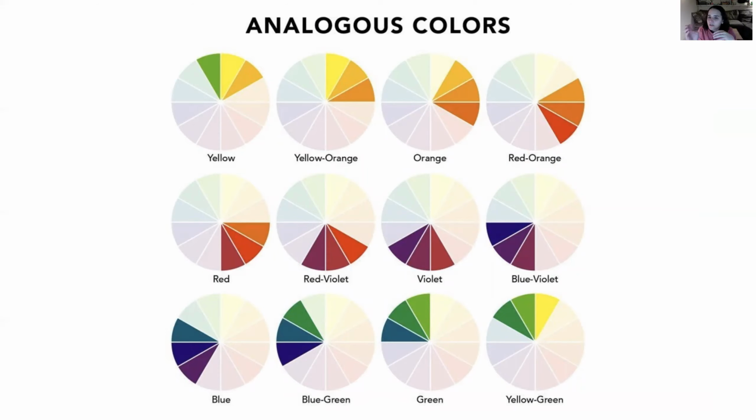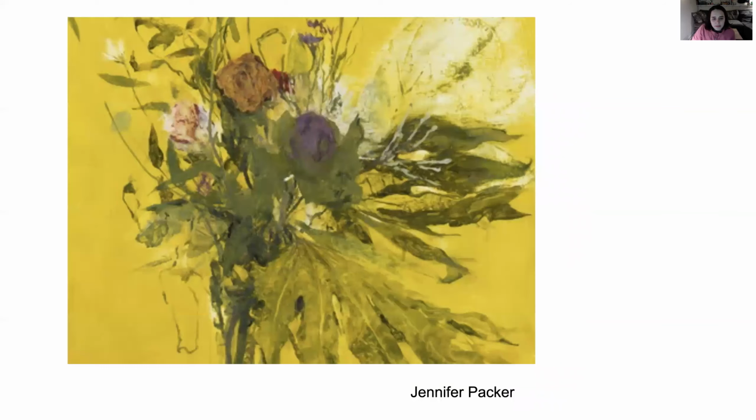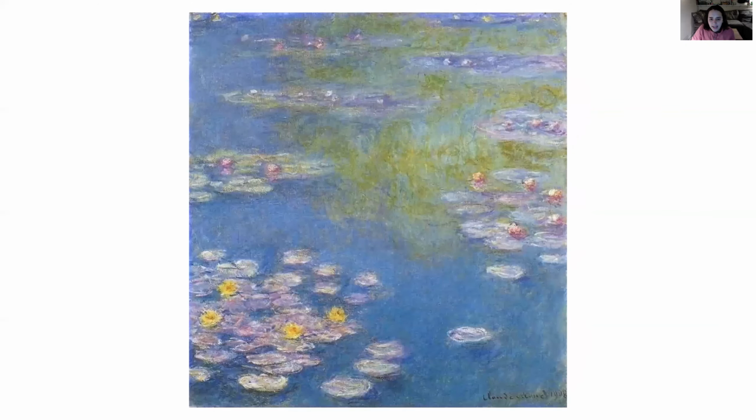Red and orange is made by red and yellow, right? So these are colors that have similarities. When they're used together, they create a sense of unity and harmony because they're similar to each other. This is like yellow and green with the little purple in there. Van Gogh, yellow, orange, little green. Monet, this is on the cooler side, blue, purple, green.